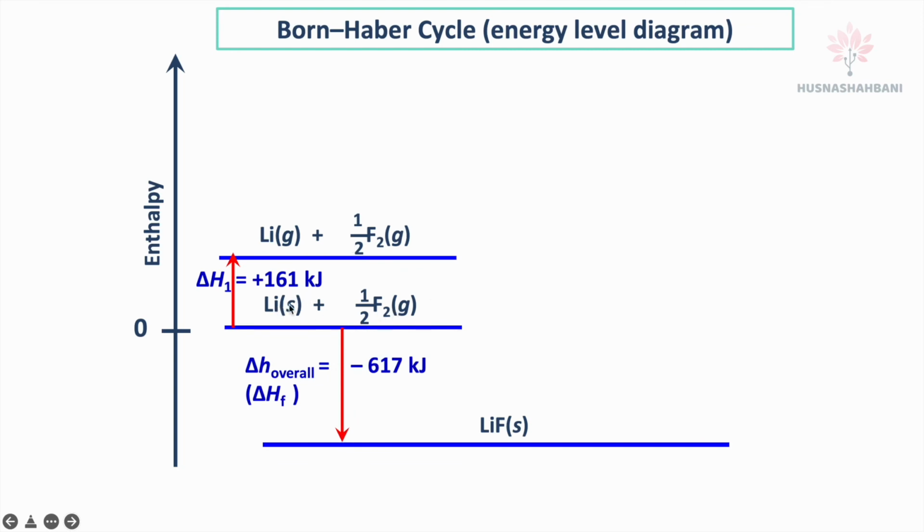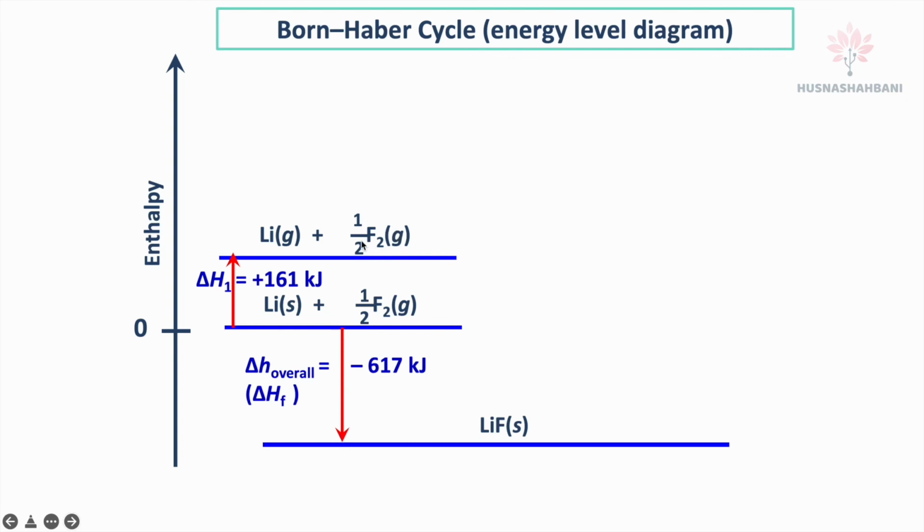Now here we only focus on Li(s). We only do the atomization for Li(s) to become Li gas. So just copy half F2 because we didn't do anything for half F2. Just copy back whatever you have in the reactant, plus half F2. After we atomize Li, we want to atomize the half F2 gas.